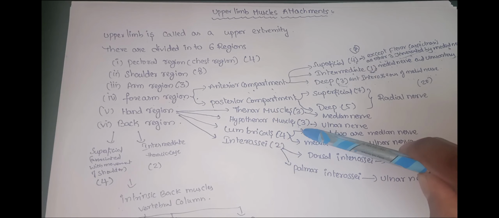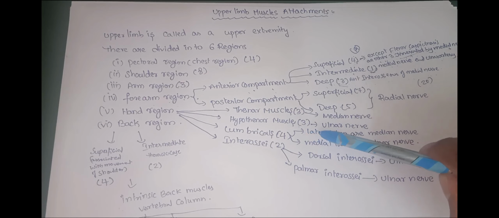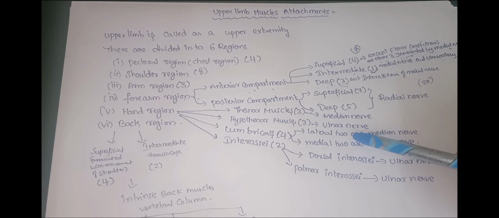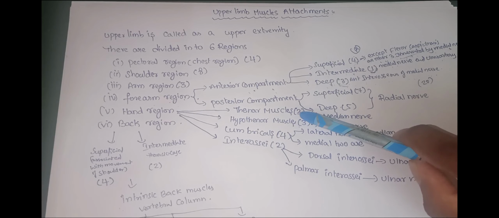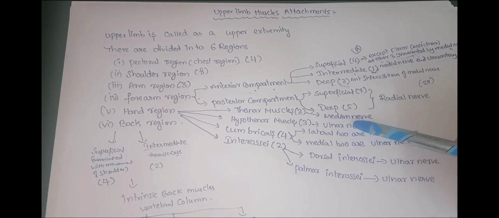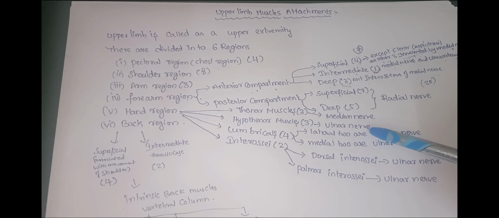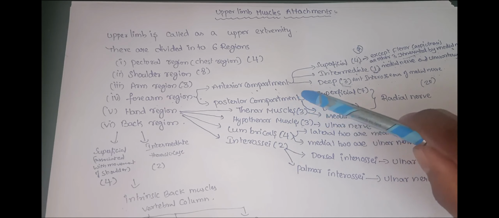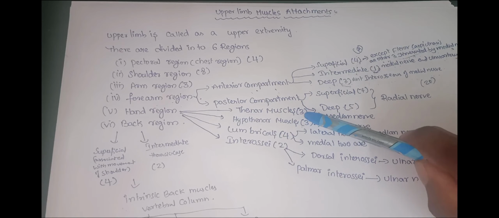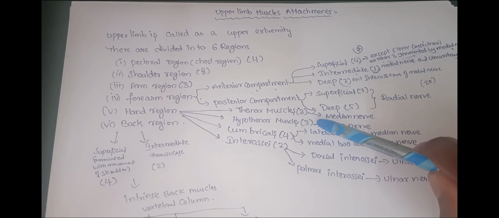There are 3 muscles, which are innervated by the ulnar nerve. So thenar muscles are innervated by the median nerve, and hypothenar muscles are innervated by the ulnar nerve. There are 3 muscles in the thenar compartment, and the hypothenar compartment also consists of 3 muscles.